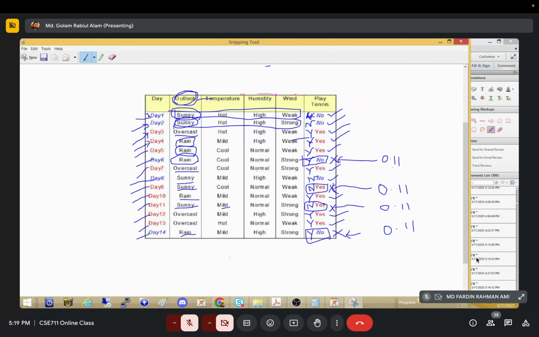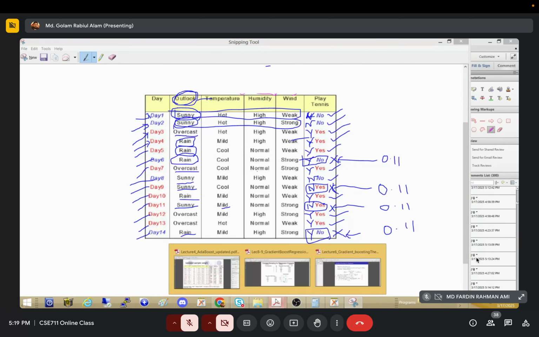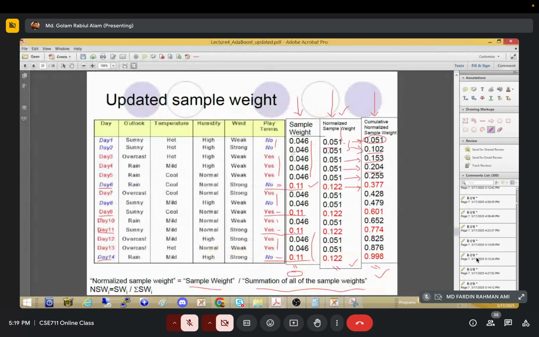And how about the others? The weights of the other instances will be 0.046.